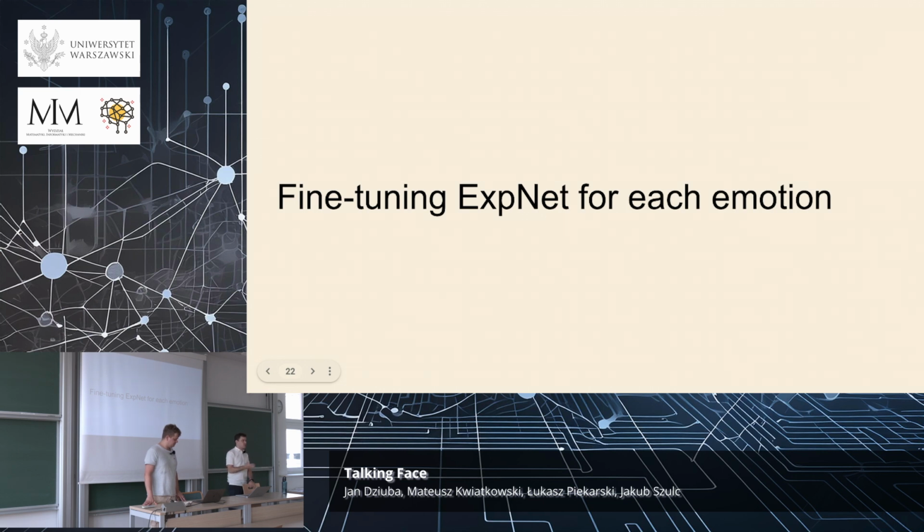SadTalker generates in real time, and we couldn't add many new layers, so we just fine-tuned the XNet for each emotion separately from our data set that we presented earlier.